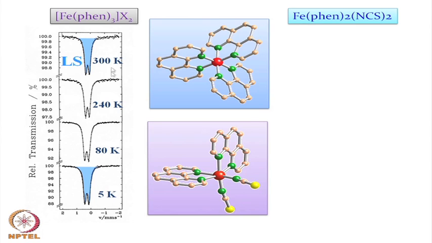That means with change in temperature, we are not getting any kind of transition from 5 K to 300 K for this compound, whatever environment is provided by the phenanthroline ligands.